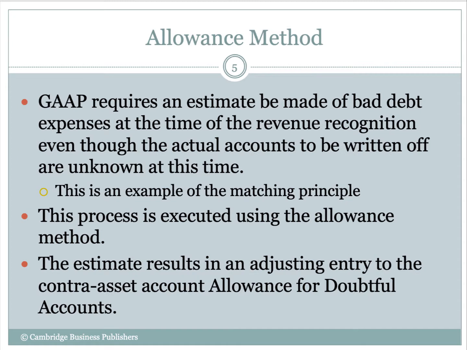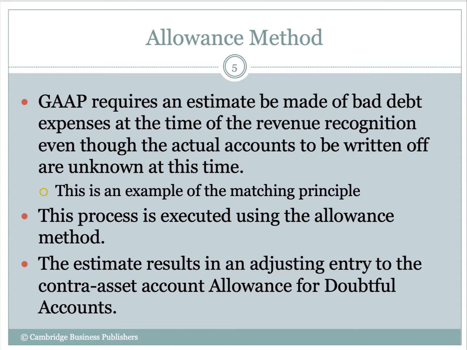Now let's look at the allowance method. We know right off the bat that we're going to extend credit, and we know for a fact we will not collect 100% of our outstanding receivables. So GAAP comes into play here. GAAP says you have to make an estimate of your bad debt expense.